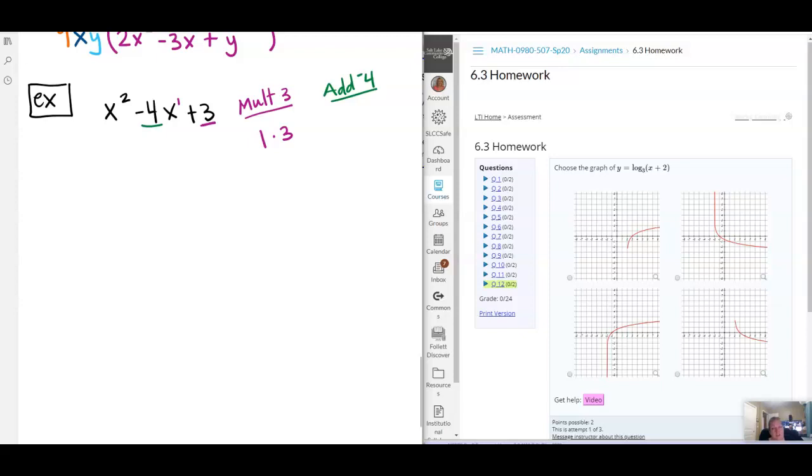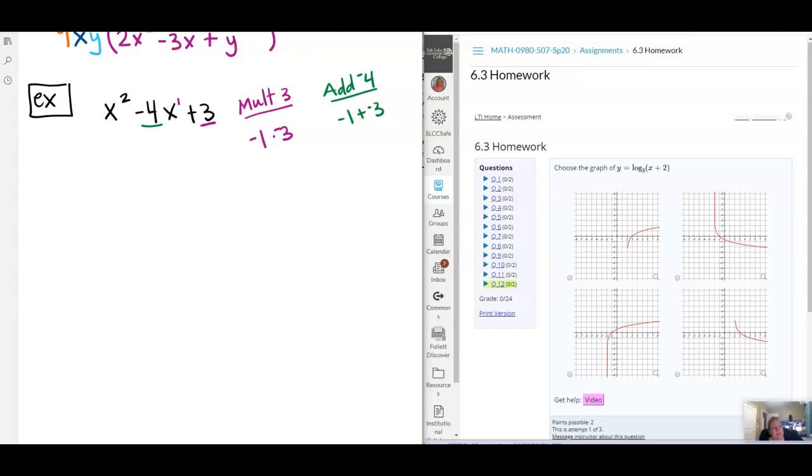You have to make both of them negative. So let's see if this works. What is negative 1 times negative 3? Does that give us a positive 3? And if we do negative 1 plus a negative 3, does that add to be a negative 4?